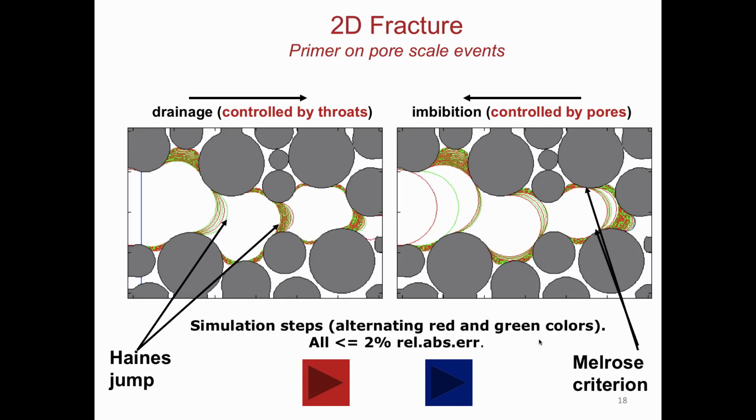So I can see now that my drainage was controlled by throats, and the curvatures corresponding to these throats. Imbibition, however, is going to take a long time to reduce curvature here enough so that this interface and this interface slide together down this grain.